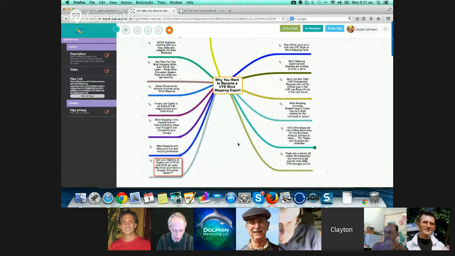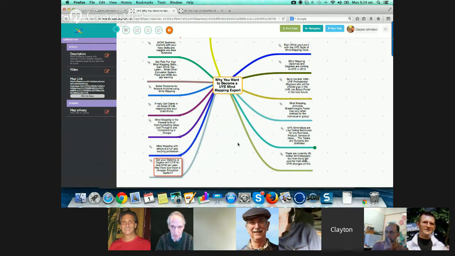earn the right to get accredited from UYE. The next level for us, probably 6 months from now, once there are a few hundred of us accredited mind mapping experts, we're going to have a job board, much like when you go to hire someone from Elance, where anyone who's got these skills can be hired out.